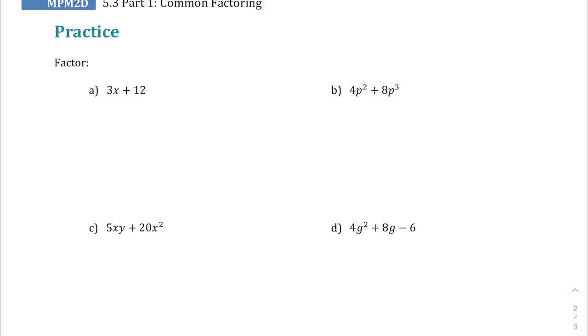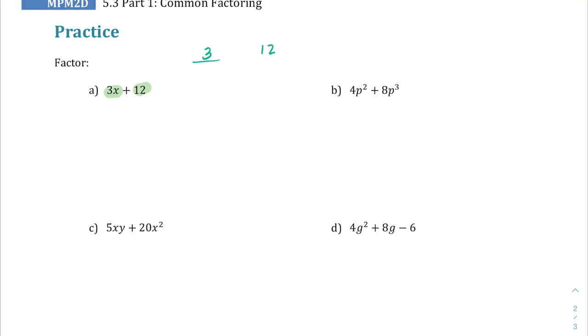So in part A, question A, notice that only the first term has a variable, so that means we cannot factor out the variable. So then we have to look at the constants of each term. So we have a 3 and a 12. What are the factors of 3?